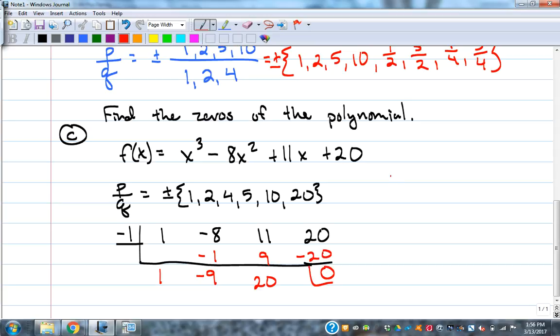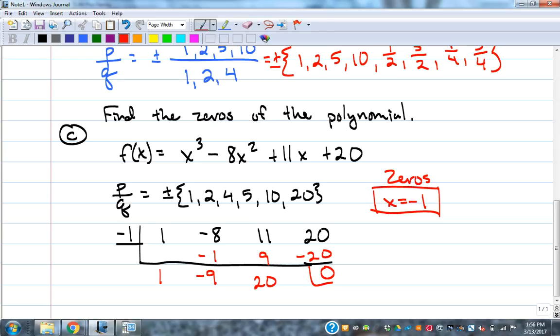So that means my list of zeros, x equals -1, is one of them. What did that do to this polynomial? It started out as x cubed. What's this red stuff now? It's x to the what power?